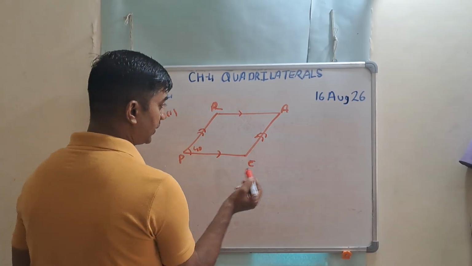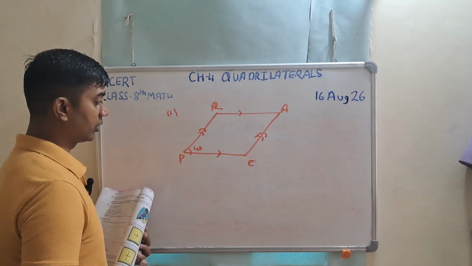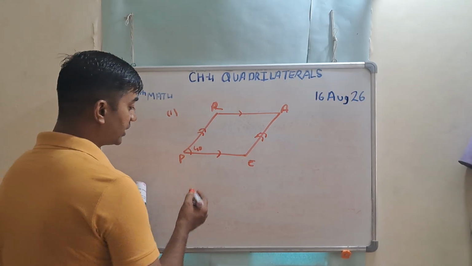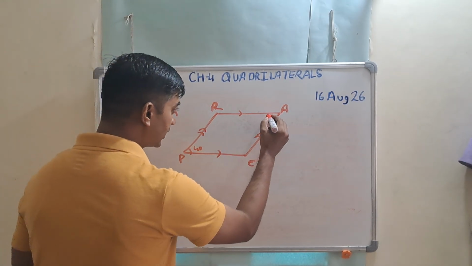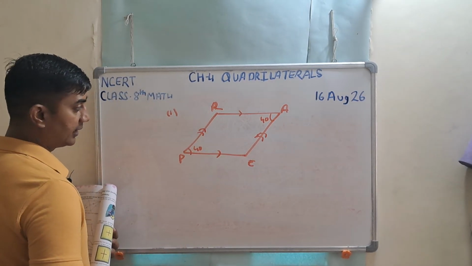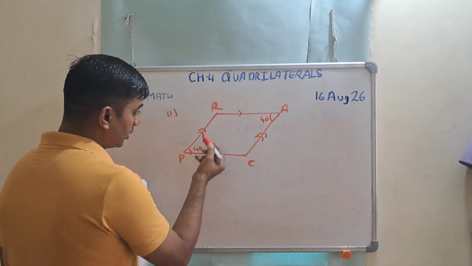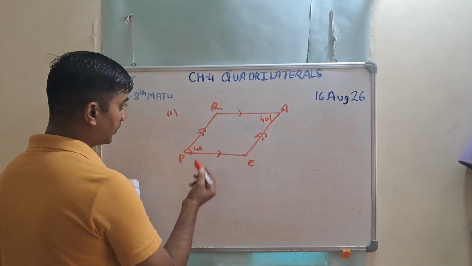When they are parallel, means opposite sides are parallel, means it is a parallelogram. So in a parallelogram, opposite angles are equal, and the sum of the internal angles is 180 degrees.